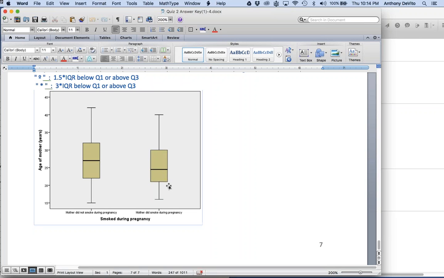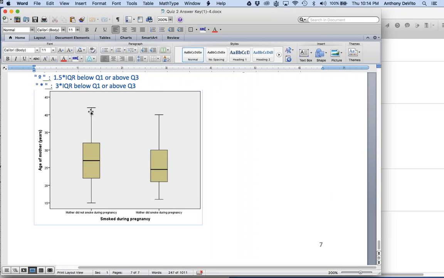So it might look something like this with that right tail stretched out. This looks like it's right skewed, like the mean is above the median. Here it looks like the mean and the median could likely be pretty similar. But here it looks like there's going to be a dramatic difference between the average and the median. So this looks like it's right skewed.